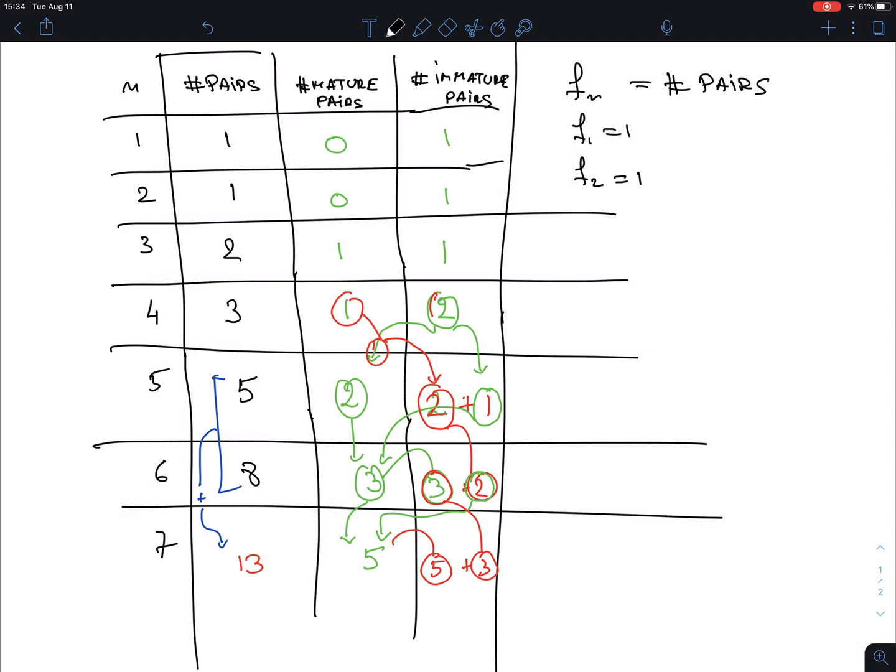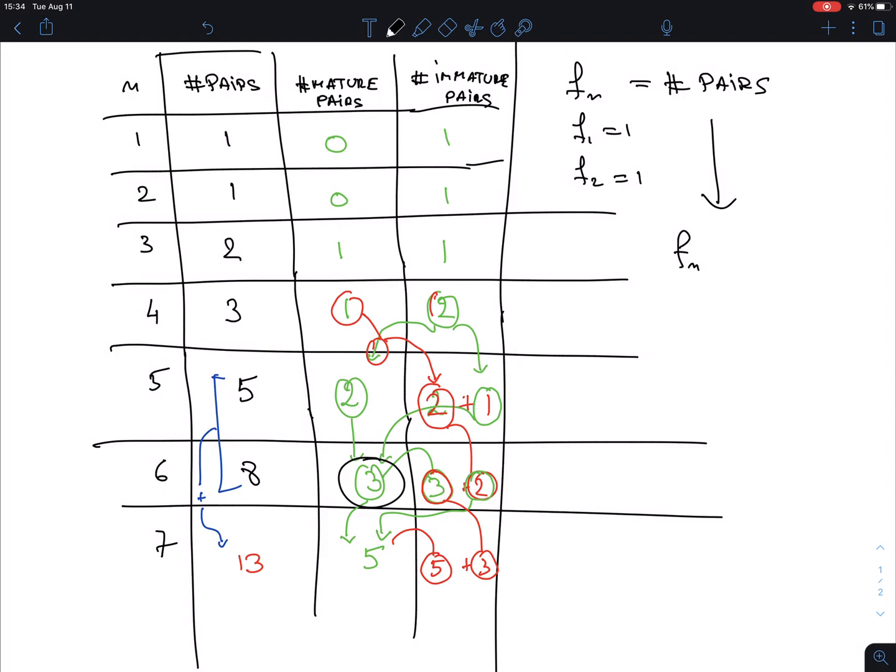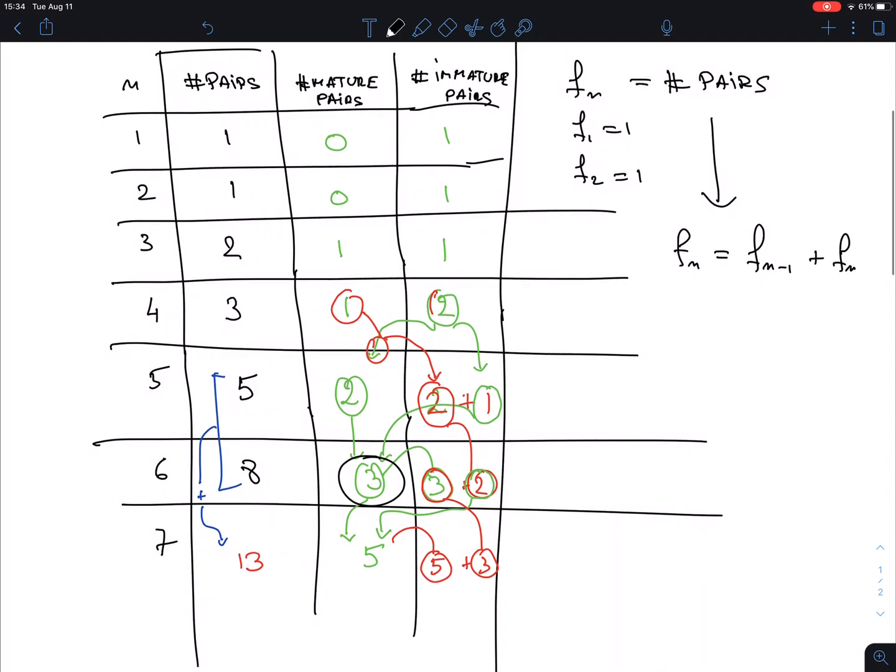F0 is 0, but that we know, right? And now the number of pairs is given by the relation. We basically have the number of mature pairs from the previous time, Fn minus 1, plus the number of immature pairs from the previous time. That's how it works. Okay?